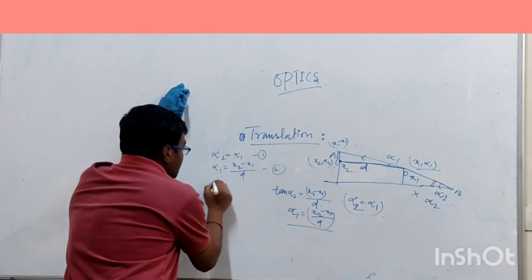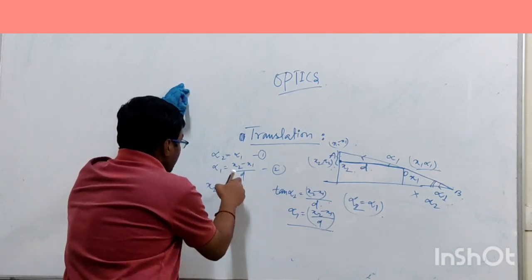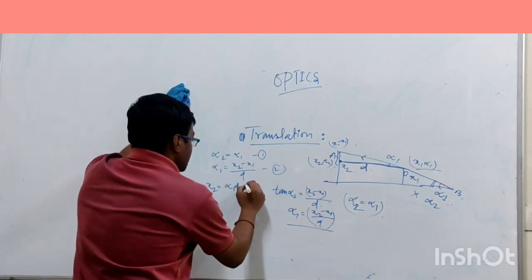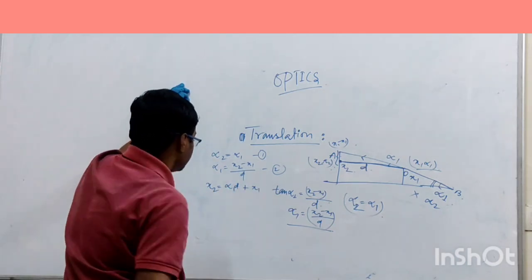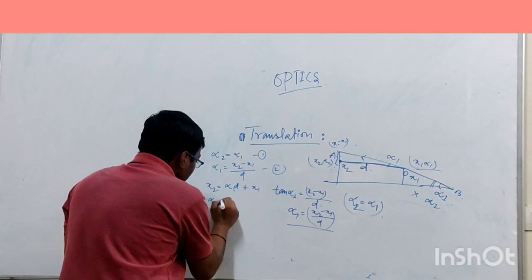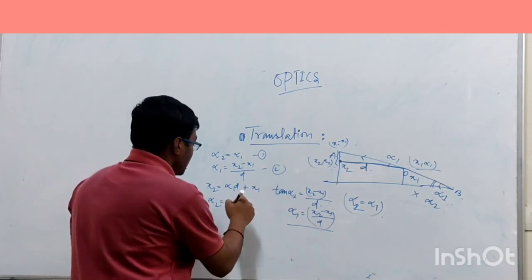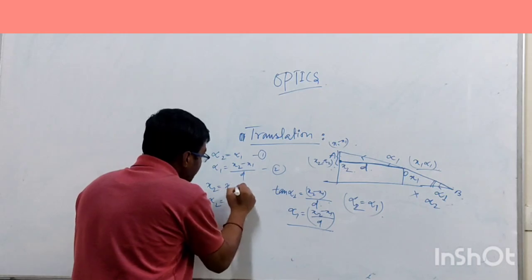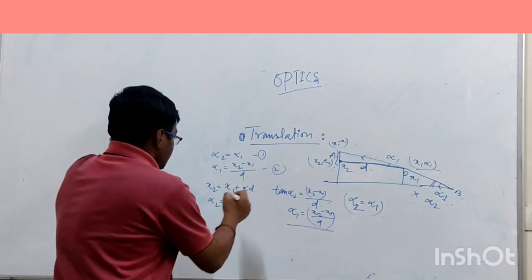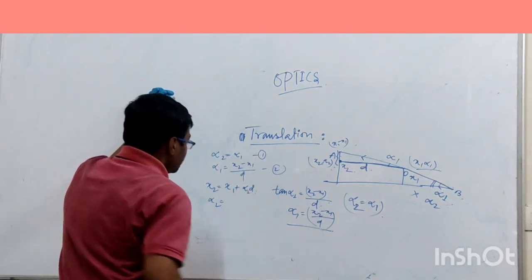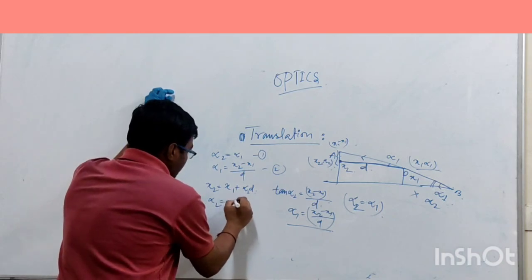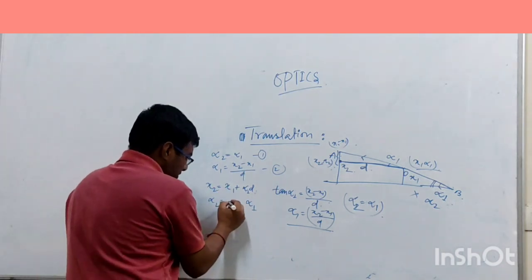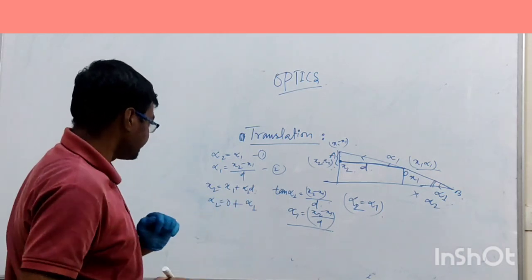So x2 will be alpha 1 into d plus x1, and alpha 2 will be, here x1 is not there, so 0 plus alpha 1.